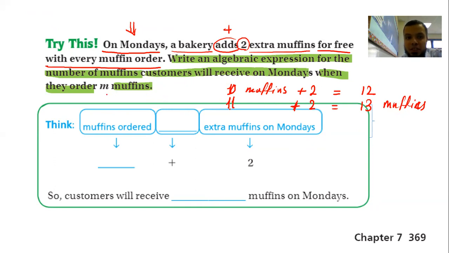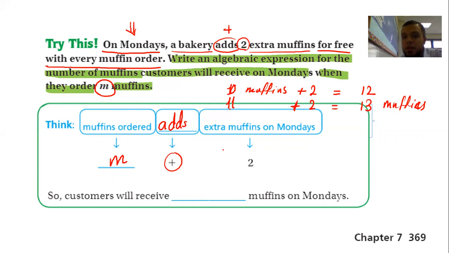Okay, when the customers order M muffins, what will they receive on Monday? So the number of muffins ordered is M. Why did the book write plus here? Excellent, because of the word adds.